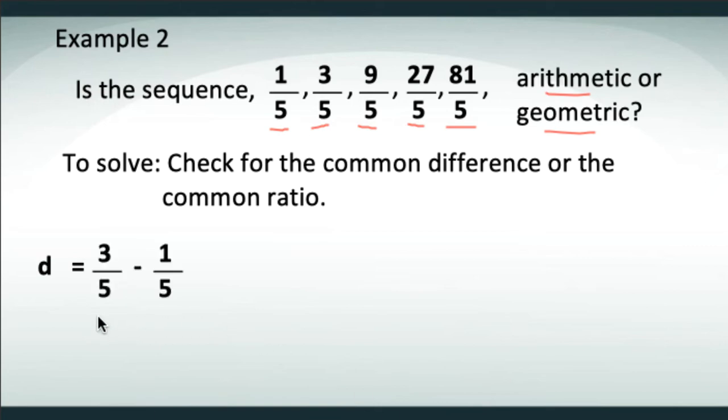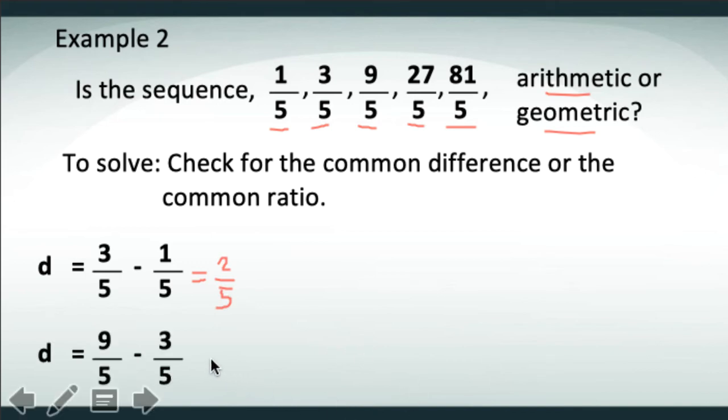Now since both fractions have a common denominator, we can solve the difference right away, and that is 2/5. Then let's do the other terms. 9/5 minus 3/5, and the difference is 4/5. So by looking at the answers, we can say that this sequence is not an arithmetic sequence.